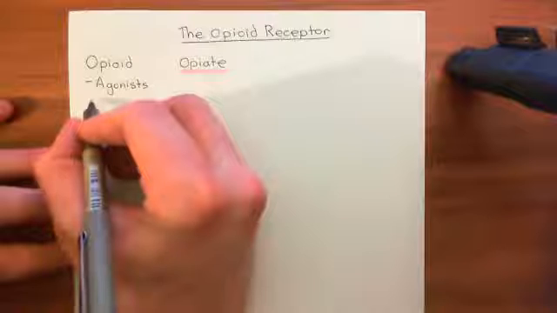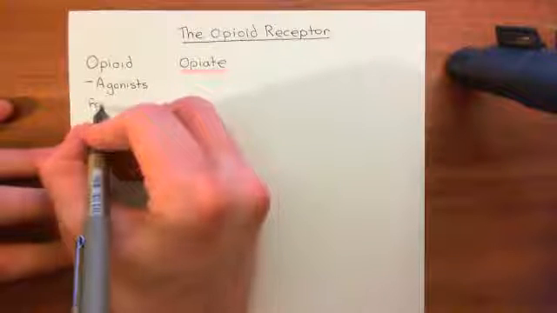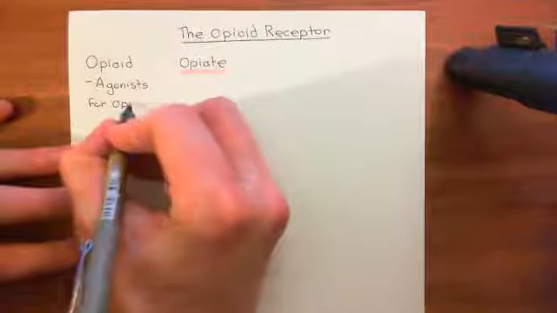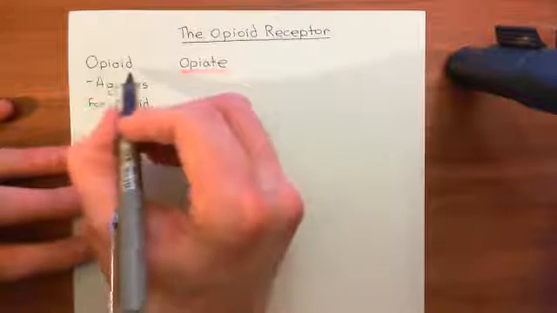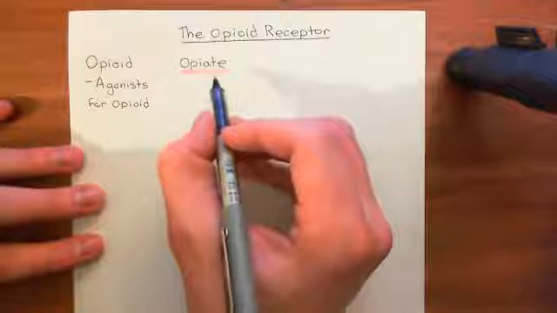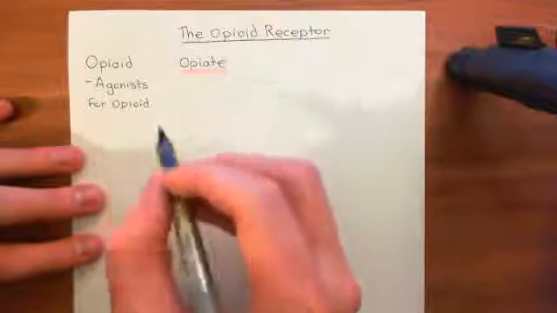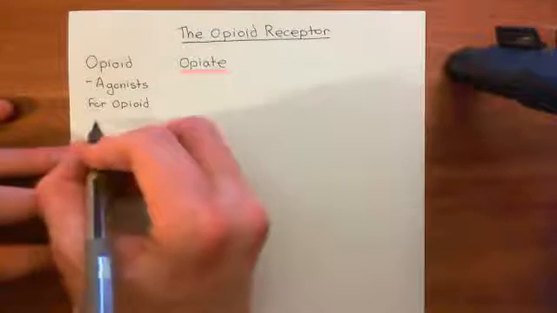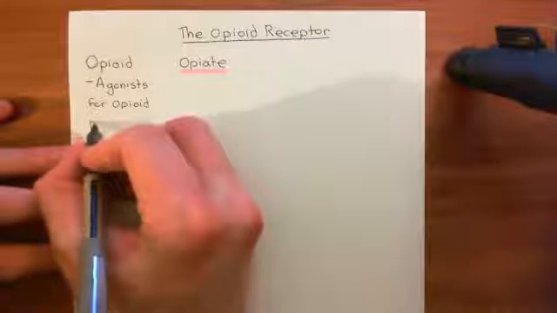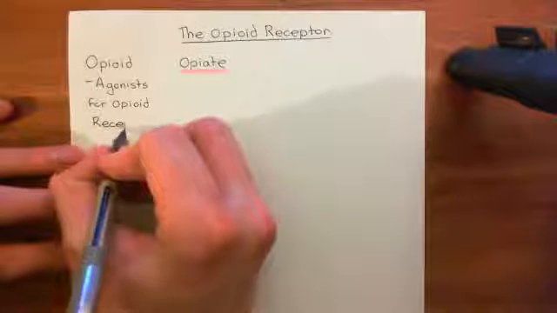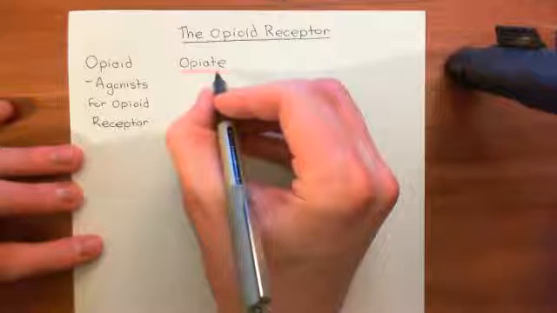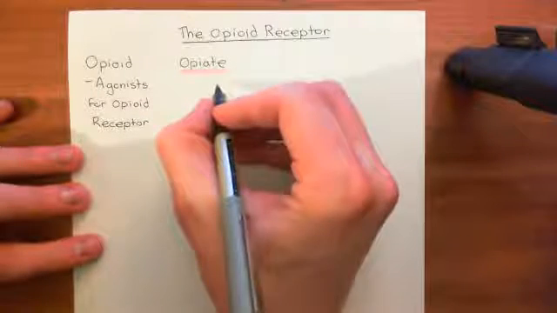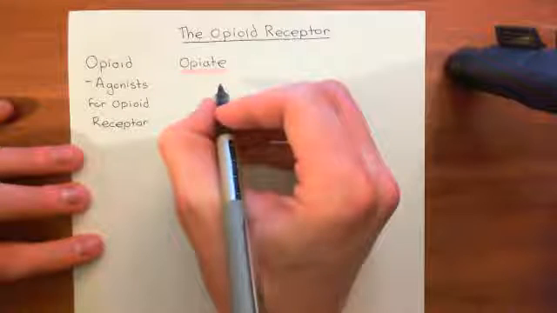Even more generally, an opioid is just anything which produces similar effects to morphine through a similar mechanism, basically. Whereas an opiate is something that actually has a similar chemical structure to morphine.